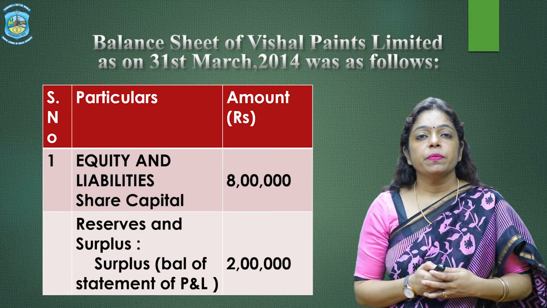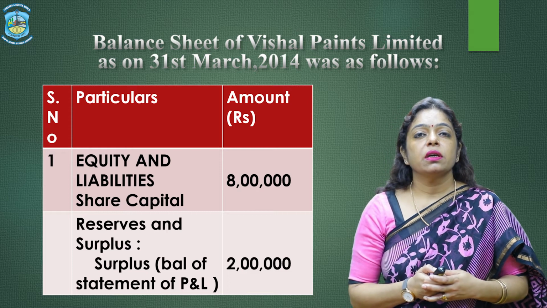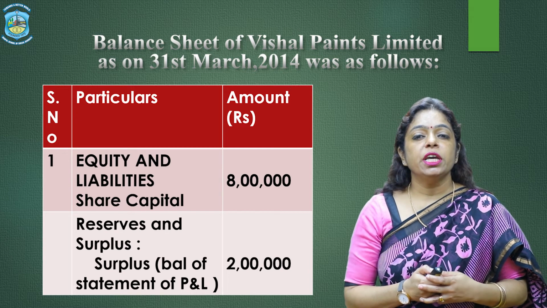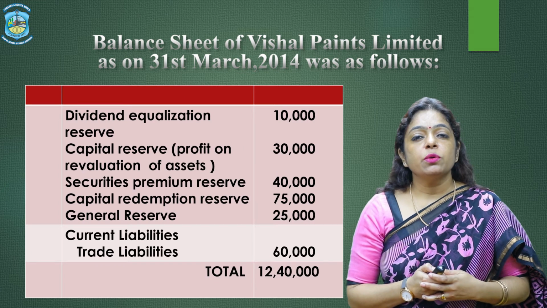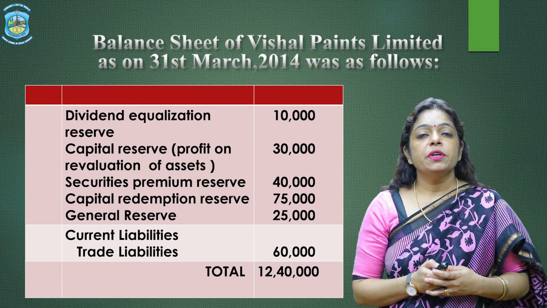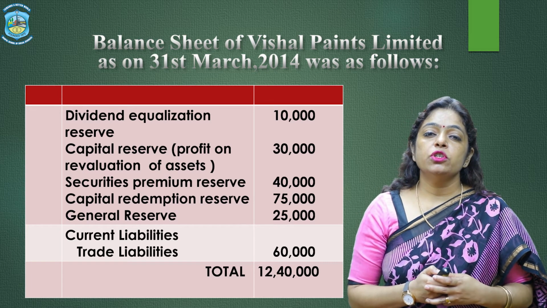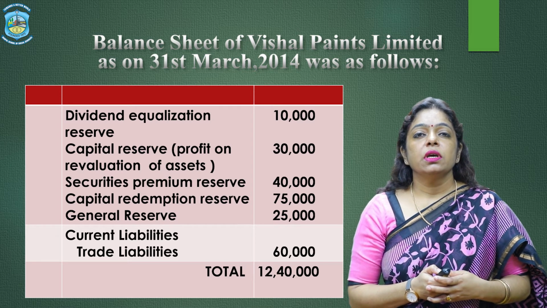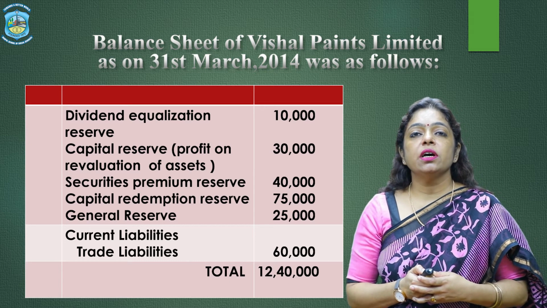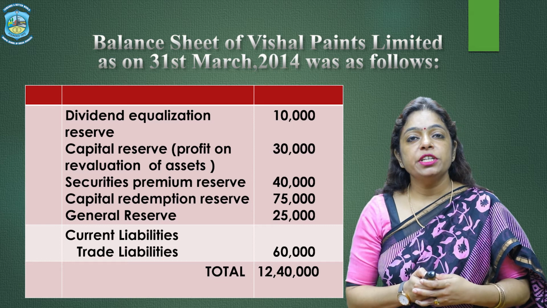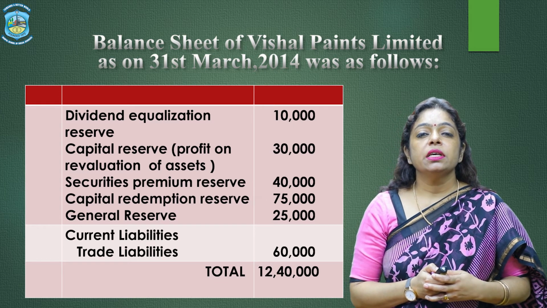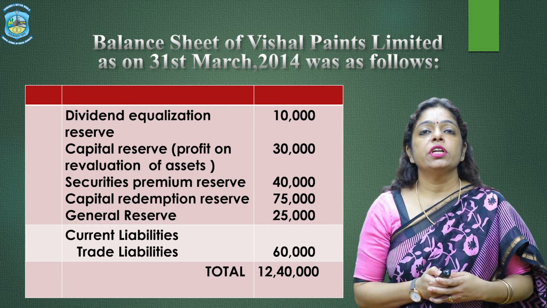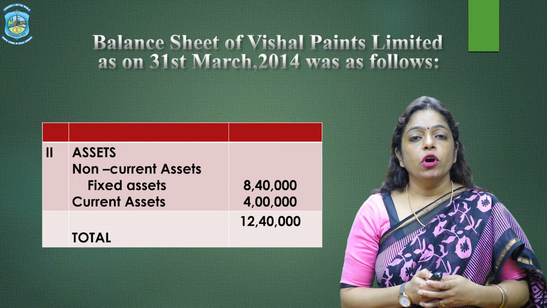Equity and liabilities: share capital 8 lakh rupees; reserve and surplus, surplus that is balance of statement of P&L 2 lakhs, the dividend equalization reserve 10,000, capital reserve that is a profit on revaluation of assets 30,000, securities premium reserve 40,000, capital redemption reserve 75,000, general reserve 25,000; and current liabilities, the trade liabilities is 60,000. So the liabilities total is 12,40,000.